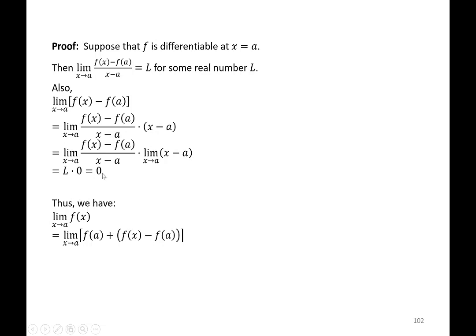That's equal to 0. So by the limit property that says limits can distribute across addition, we'll get the limit of f of a plus the limit of f of x minus f of a. The second limit goes to 0 based on our work above, and the first limit approaches just f of a, because this is the limit of a constant, which is just going to be the constant itself.